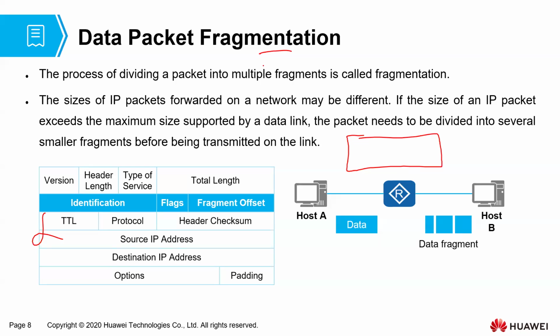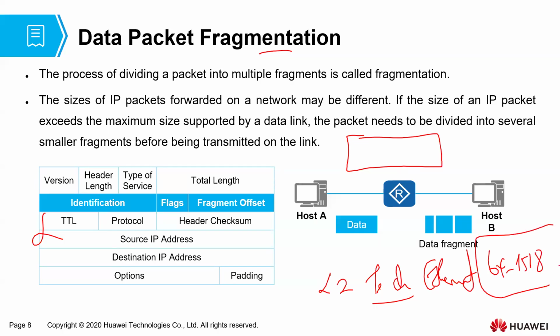Why? Because transmission requires specific sizes, so we have specific, defined sizes, depending on the layer 2 technologies we are using. For example, with Ethernet, the frame size is between 64 bytes and 1518 bytes.